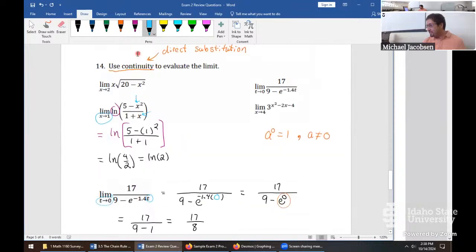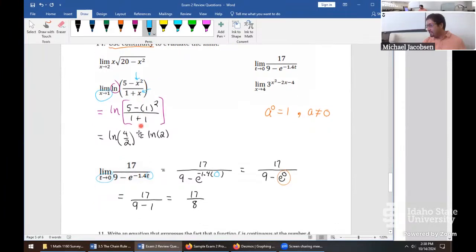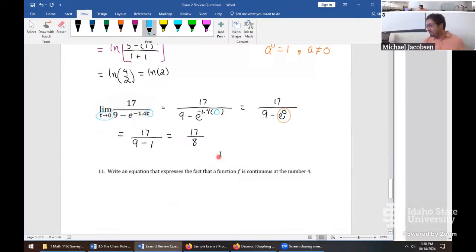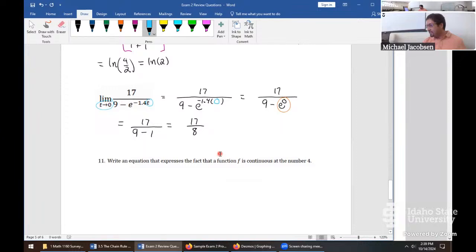Continuity is easy to see when you're thinking in these terms, or drawing a graph. There's no holes in your graph. In these terms, you're just using direct substitution. So we just literally plugged a 0 right where the red dot is and cranked out the limit in that way. But now in problem number 11, this one is a tricky question.